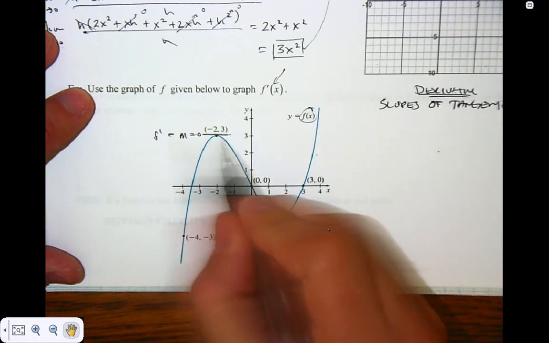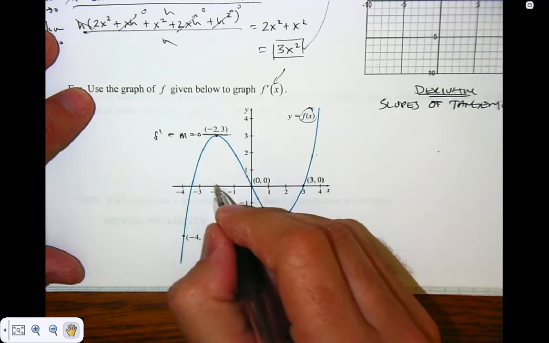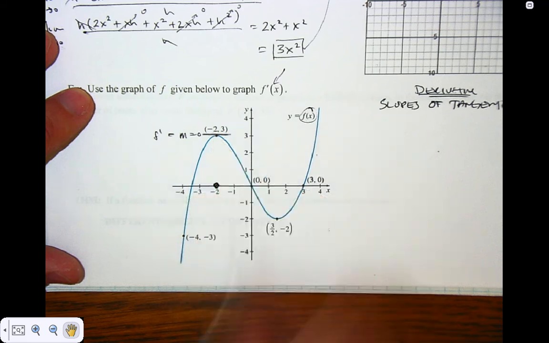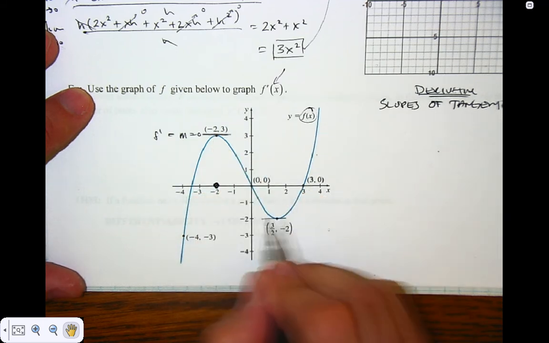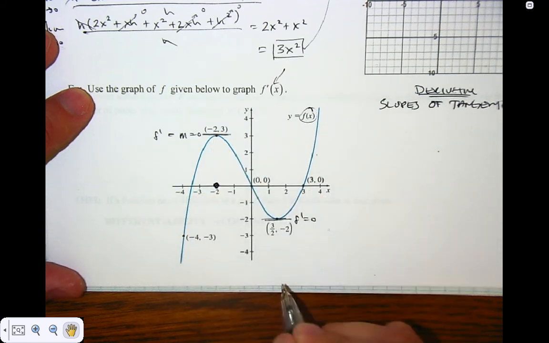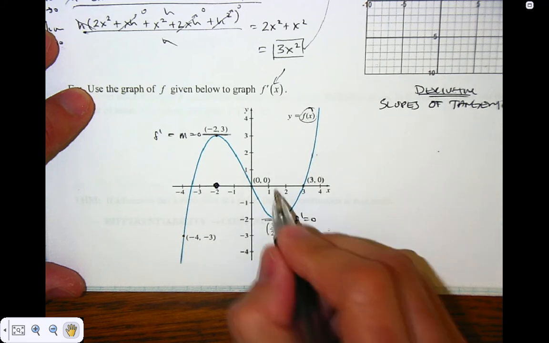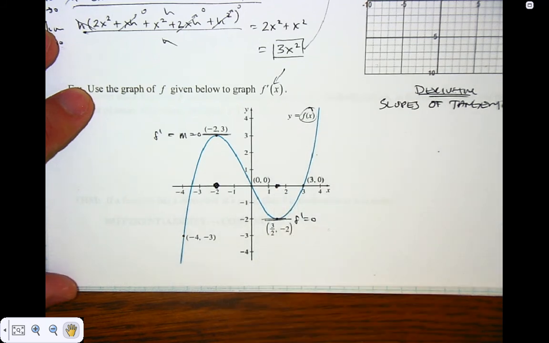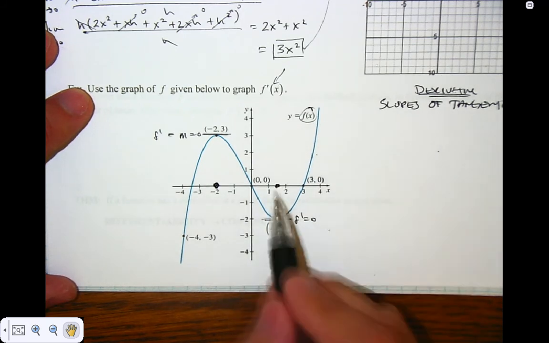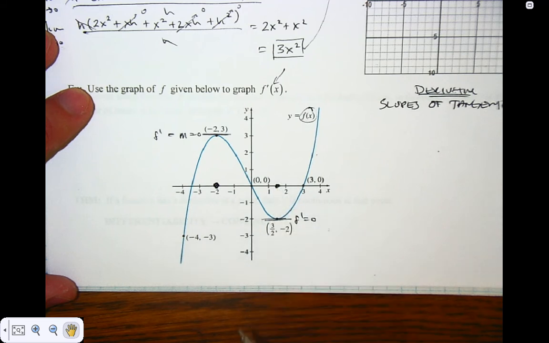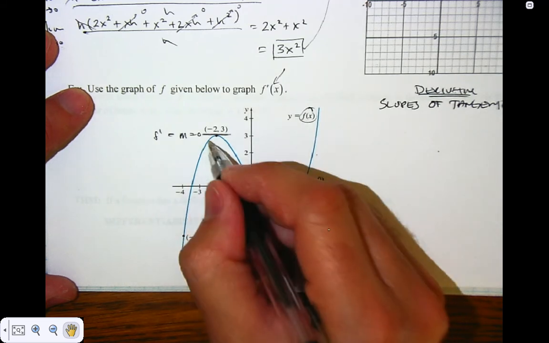And so if I'm going to graph f prime, I know that it's equal to 0 right there at -2. Same argument right here, f prime is 0. And so at 1.5, I know that my graph is going to cross at an x value of 0.